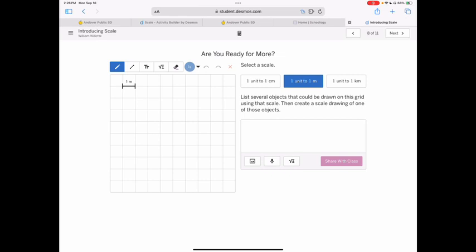So if I think of this being 1 meter, which is almost 3 feet. Here's a meter, here's a meter, here's a meter. So that's 3 meters. You could probably draw a person.